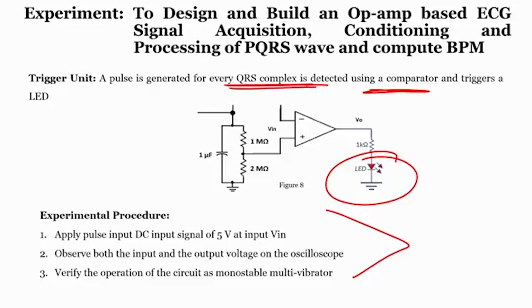Second, observe both the input and output voltage on the oscilloscope, and third, verify the operation of the circuit as a monostable multivibrator. It is nothing but a triggering circuit. We have seen earlier that a monostable multivibrator can be used as a triggering circuit for such an application.